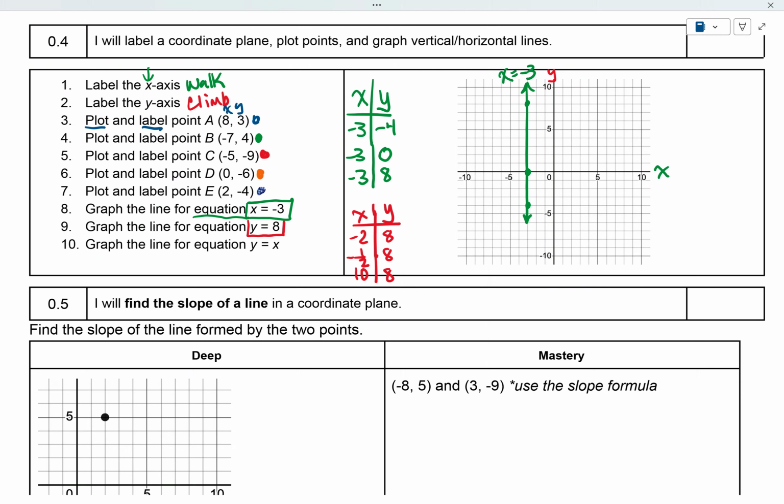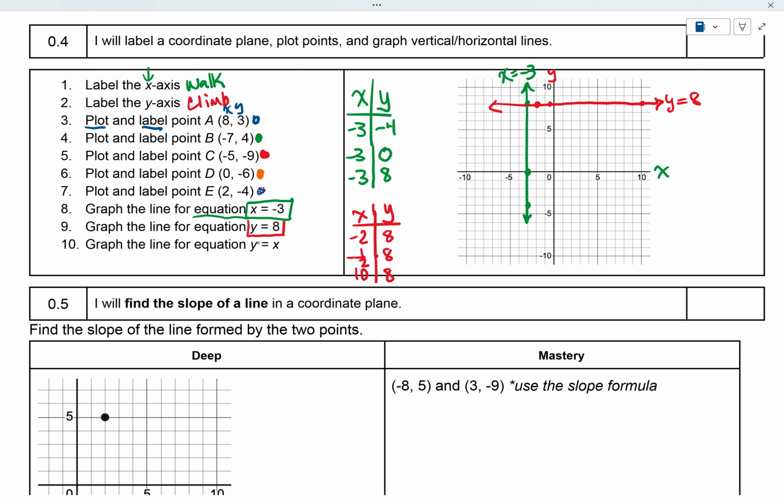So if we plot those points, I'm going to walk -2 and then climb up to 8, or walk -1/2 and then climb up to 8, and then walk +10 and then climb up to 8. Oh my gosh, every y value is 8. So those are those two equations.